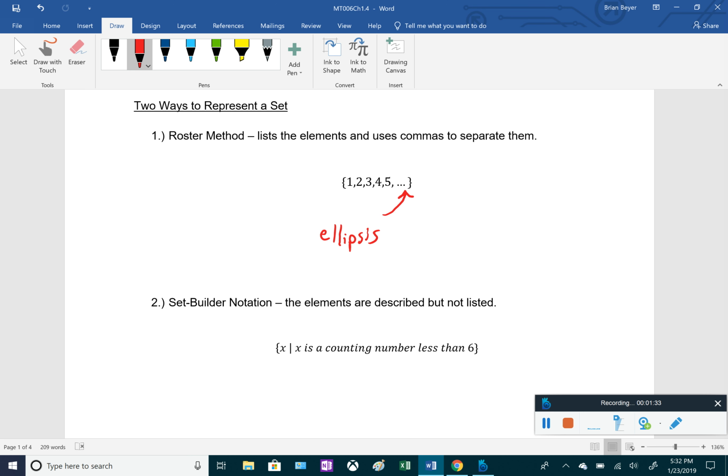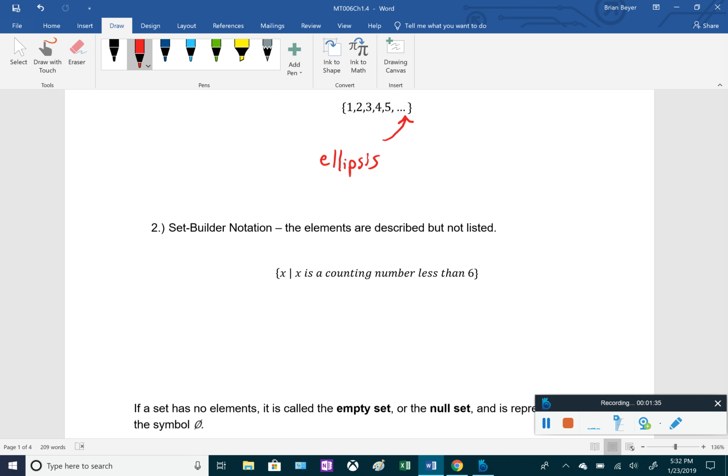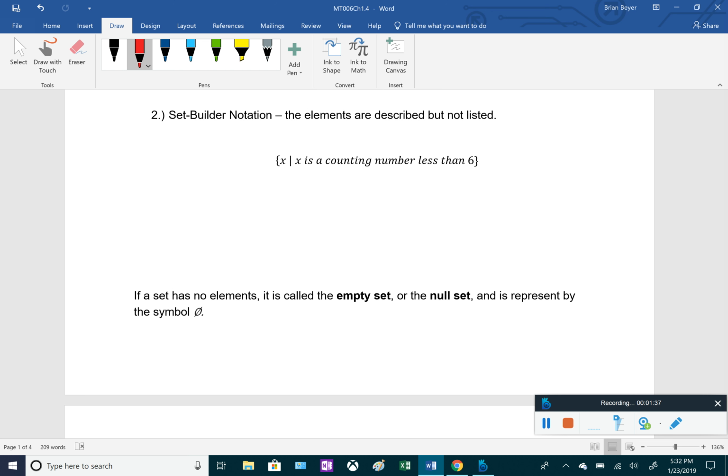The other method is the set builder notation. Set builder notation is a little bit more complicated. The elements are not listed this time, but they're actually just described. This is what it looks like. It has the squiggly brackets around it, and the first part is read as the set of all x values.